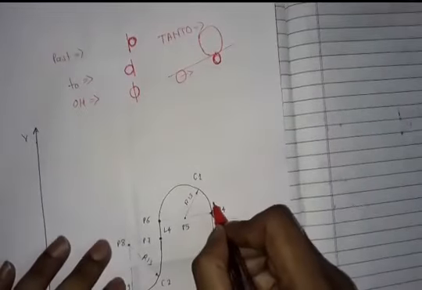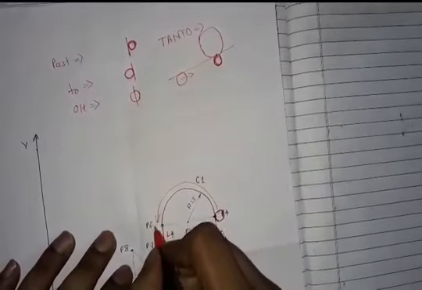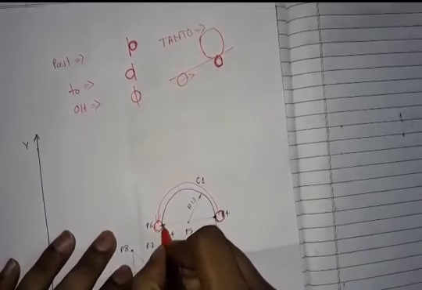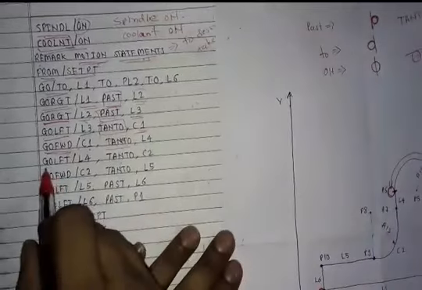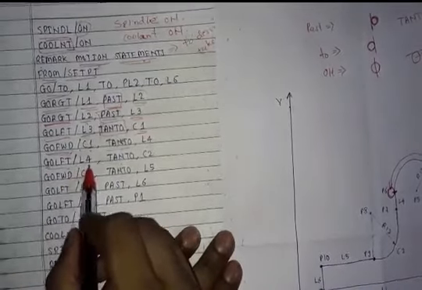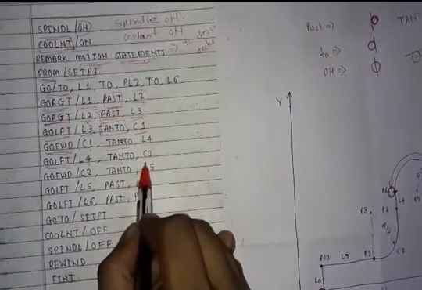Now the cutter will move like this, and at this tangent point the cutter will stop. Next is GOLFT, go left slash L4 tan to C2.